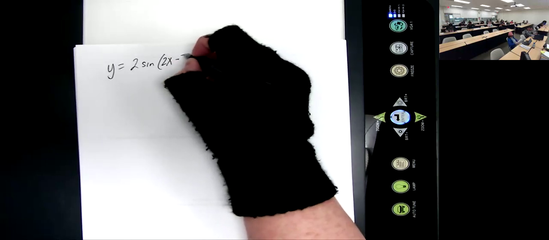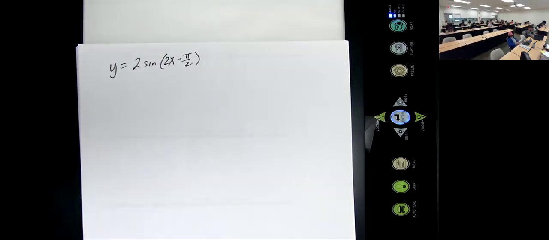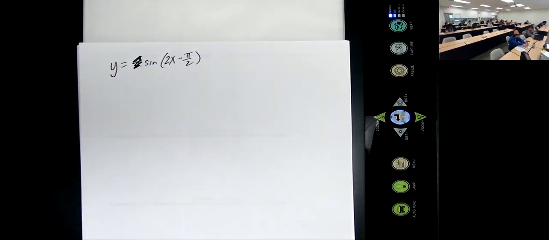Let's say 2x minus pi over 2. Now let's get rid of the 2 in front, let's just deal with that extra. This is the real kicker right here, the real change.